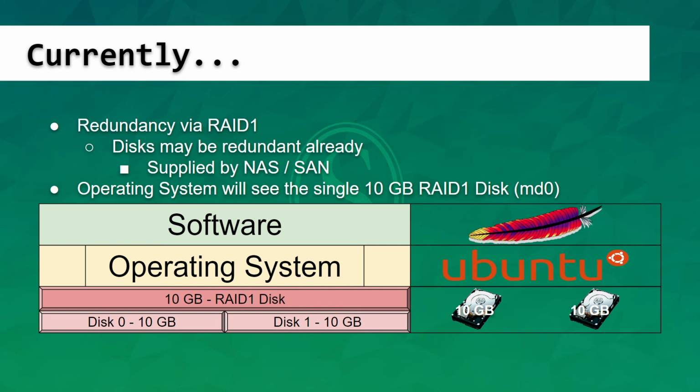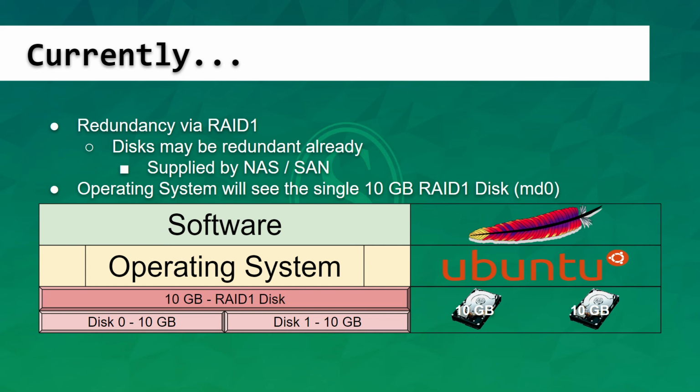So in this example, we are assuming our 10 gigabyte drives aren't already RAIDed, aren't coming from some NAS or a SAN solution that is giving us resiliency out of the box. But if we knew that that was the case, we wouldn't really have to do RAID. There's no reason to.